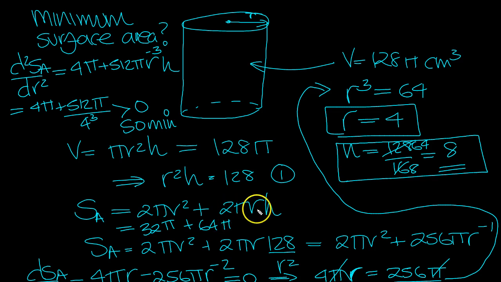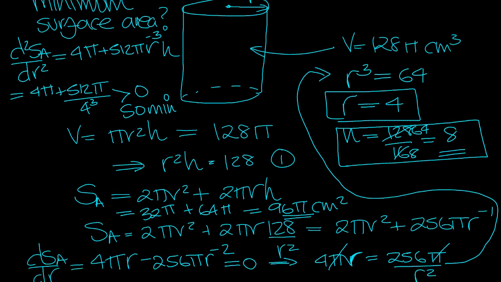So that's 96 pi centimeters squared. That's the minimum surface area for the dimensions of this. So that's what we need to make it a minimum.